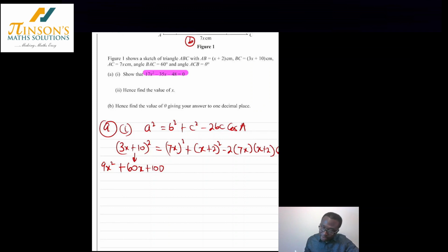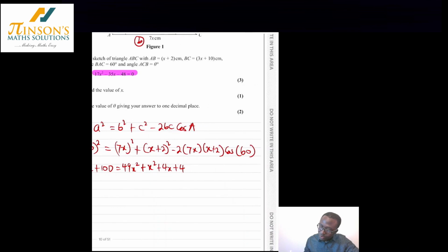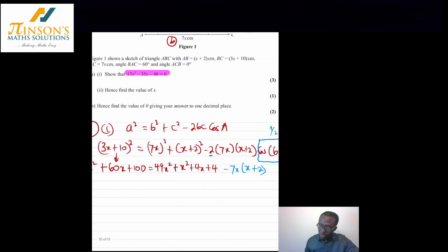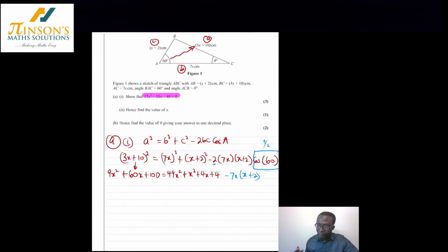And then this will give us 49x squared, and then this bit gives us x squared add 4x add 4, and then here we can have our minus 2, and of course what we should also remember is that cos 60 is 1/2, so 2 lots of a half is just 1. So basically we've got minus 7x multiplying x add 2. That would be a lot easier to see that way because the 2 and the cos 60 do cancel each other out. Okay, so we're going to rewrite the equation and simplify as much as possible.